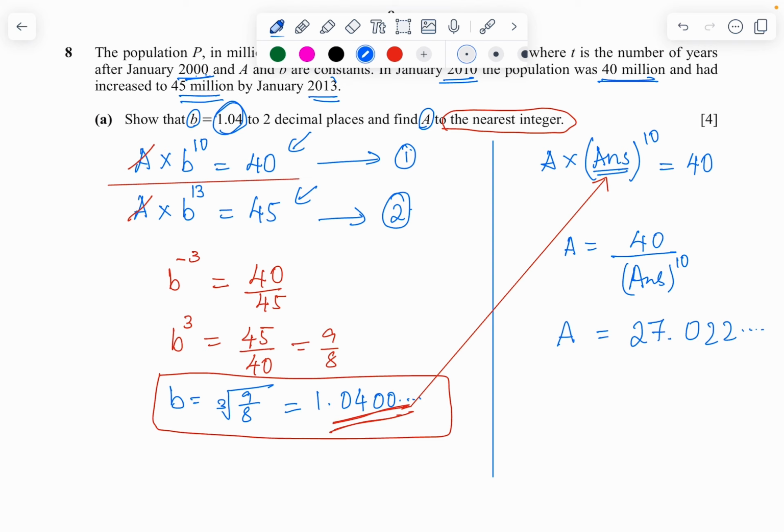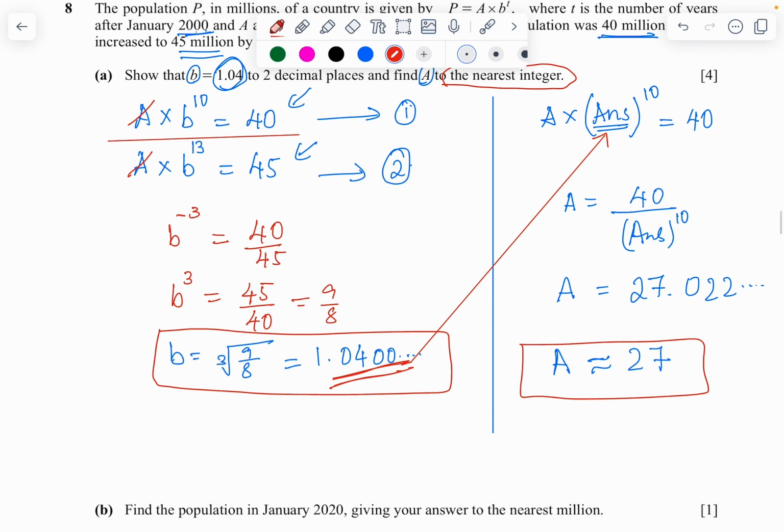Nearest integer, so I'm going to estimate A to the nearest integer, which is 27. This is the second answer for this question. I'm using different colors here, but in the exam you cannot use different colors. You have to just underline or highlight with the same pen, and make sure you write your final answers at the end.